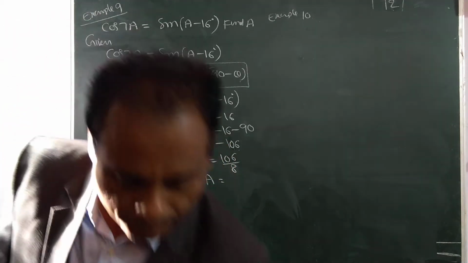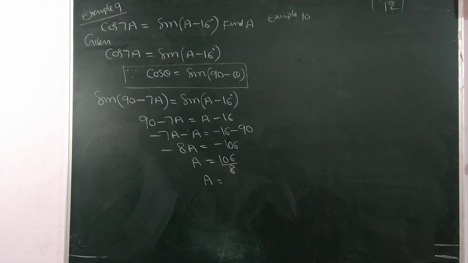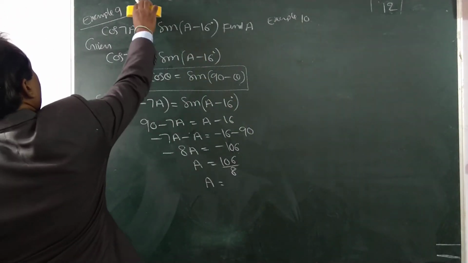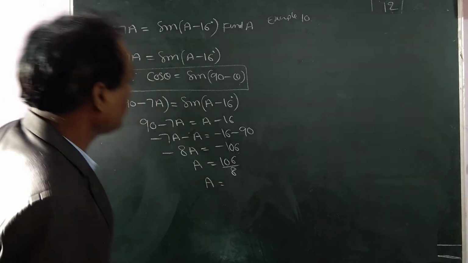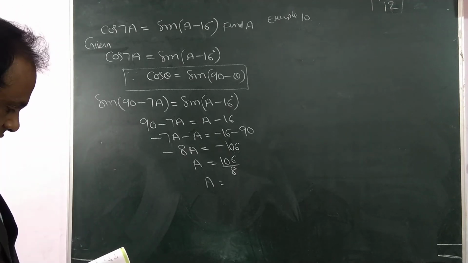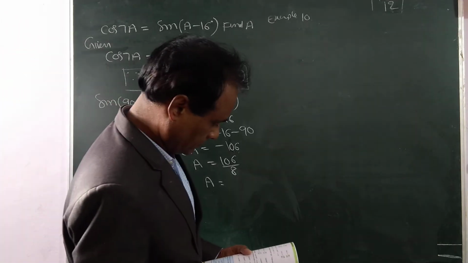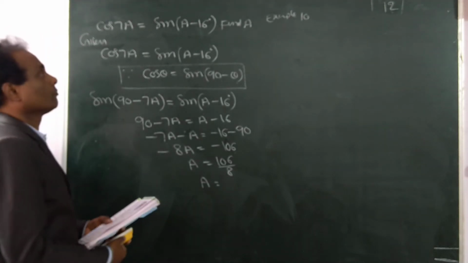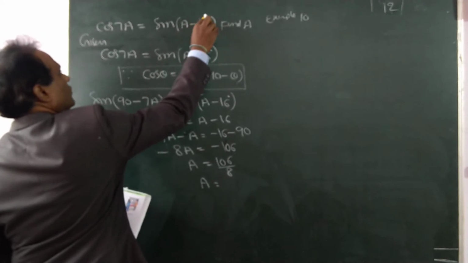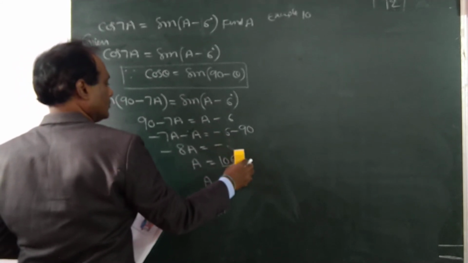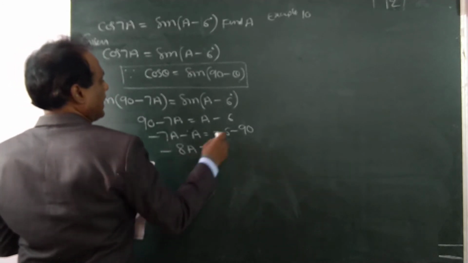You can simply write it down. Next, do the same problem yourself for a minus 6 degrees.